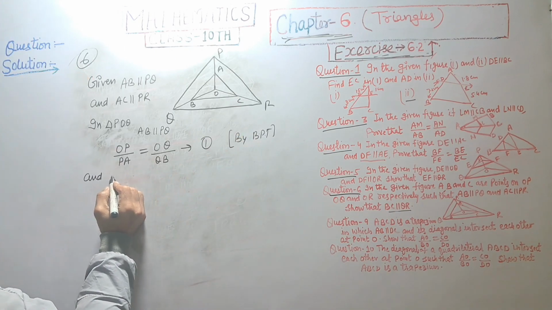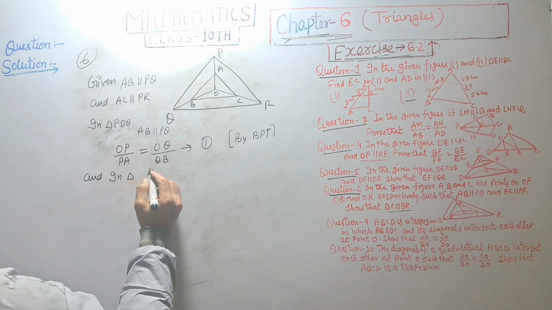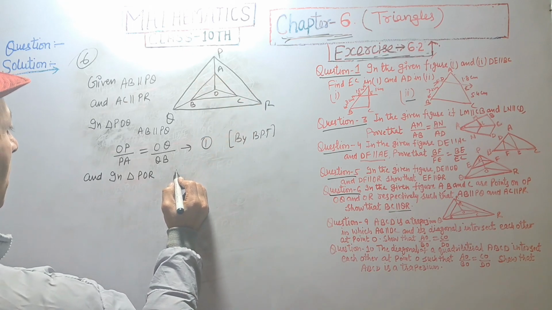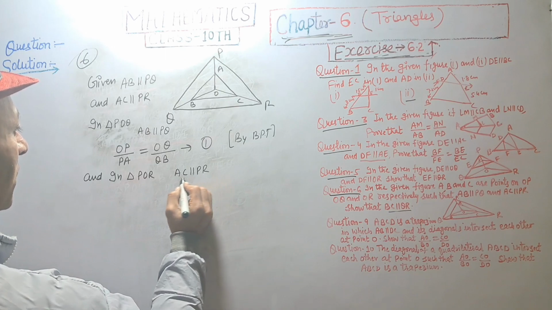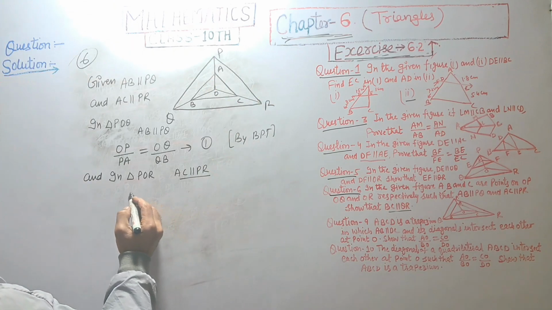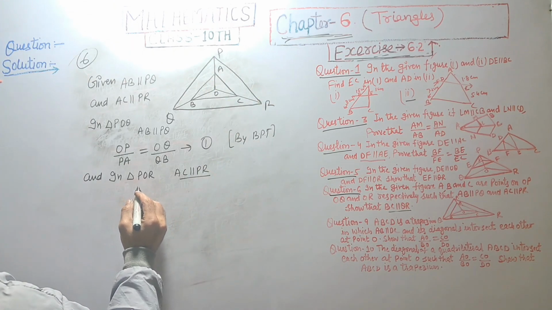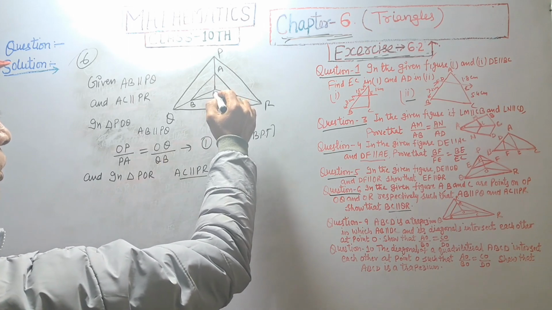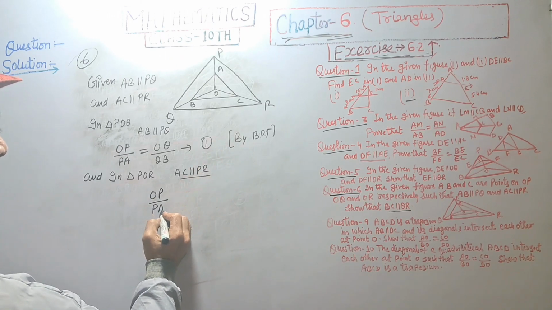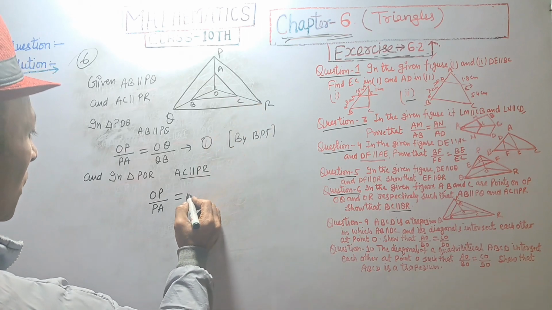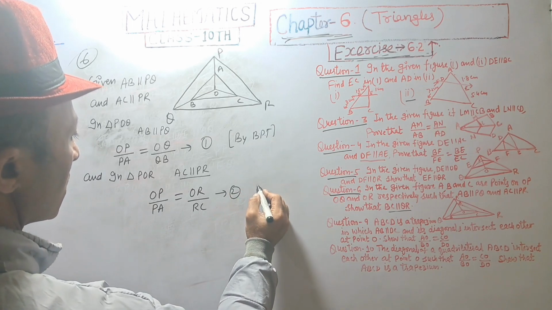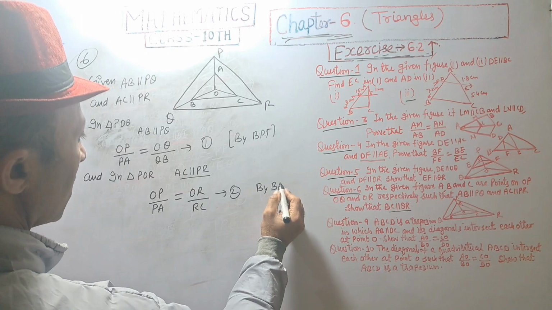And in triangle POR, AC is parallel to PR, it's given. So OP upon PA is equal to OR upon RC. Second equation by BPT.